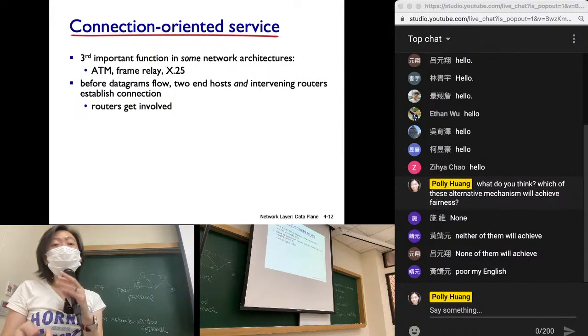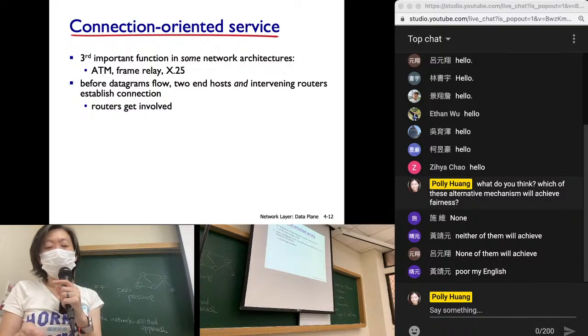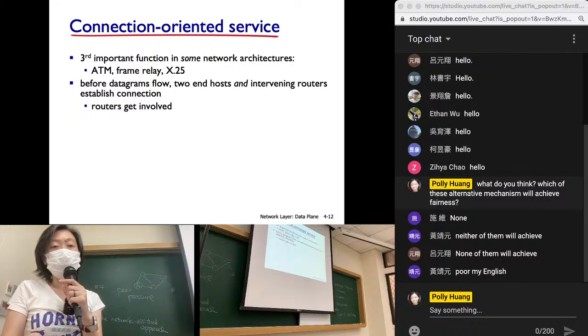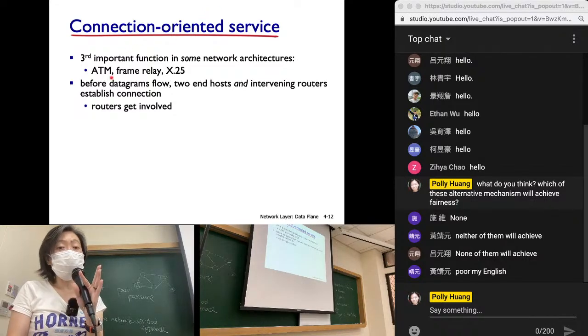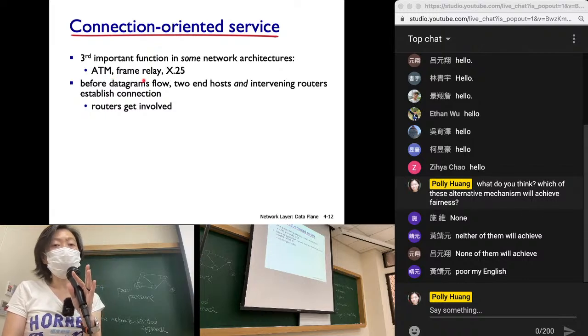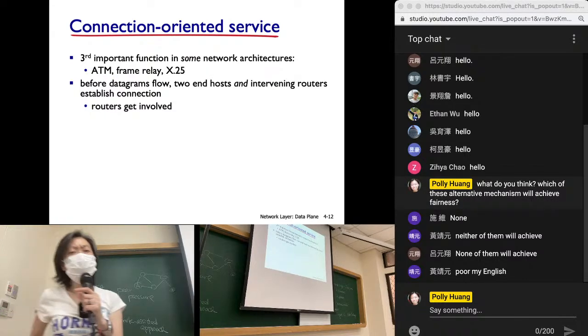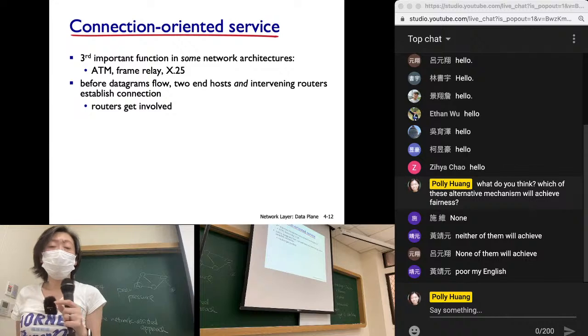Now the other one is then circuit switching, or the other way around to call it connection-oriented service. Now, internet is definitely not this, but there used to be some networks, ATM, frame relay, X.25.